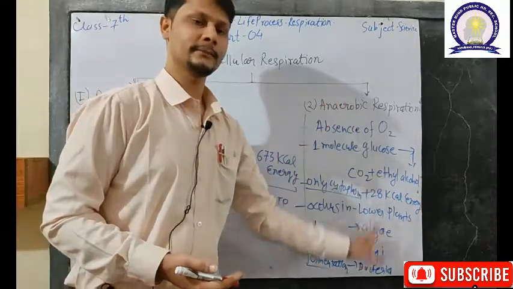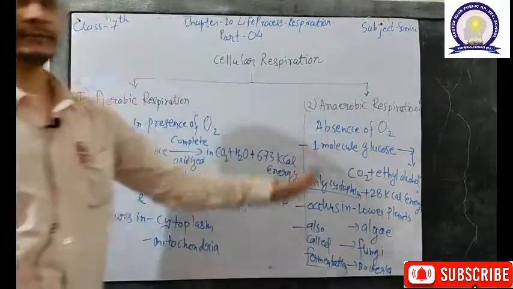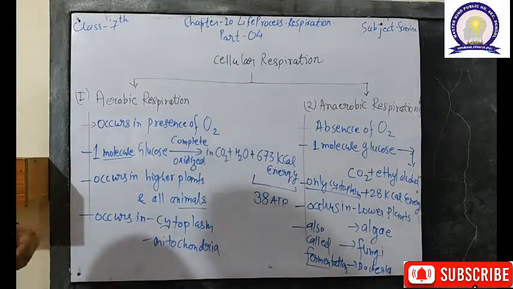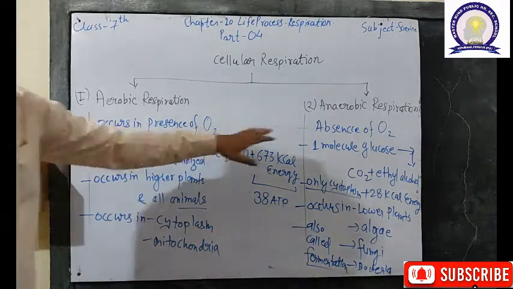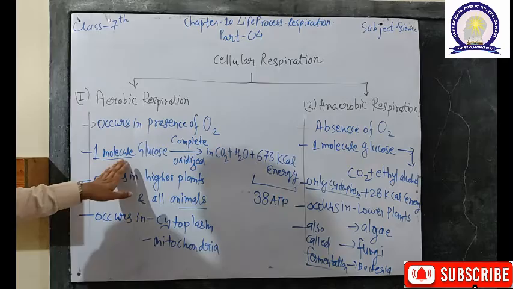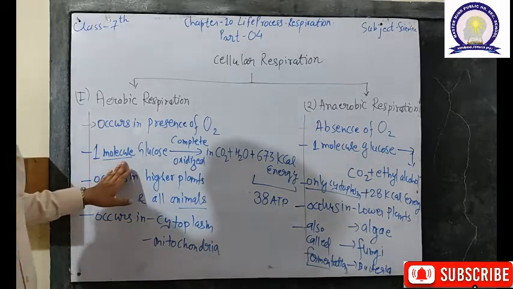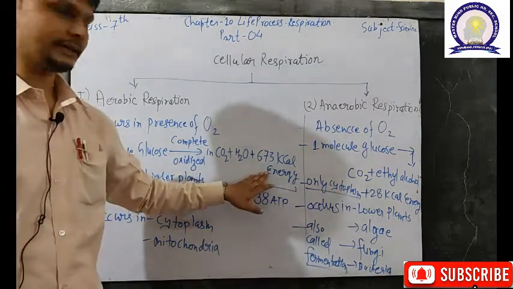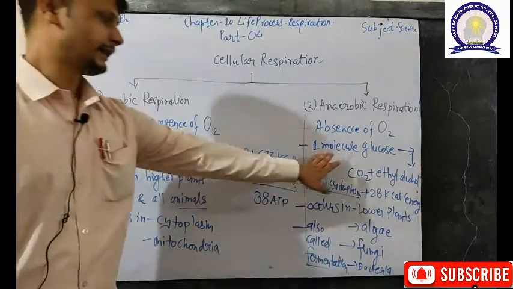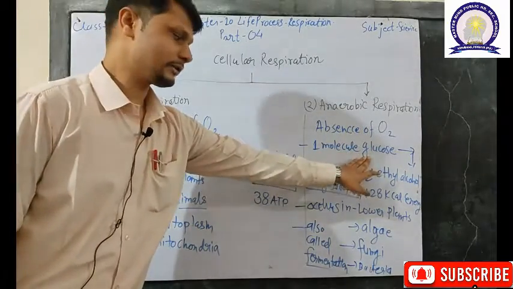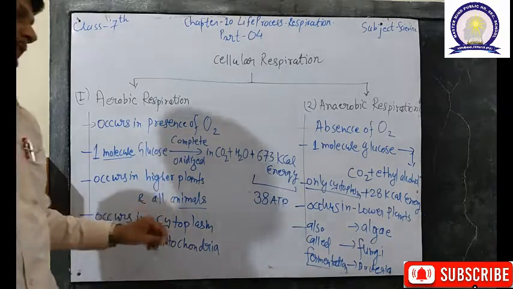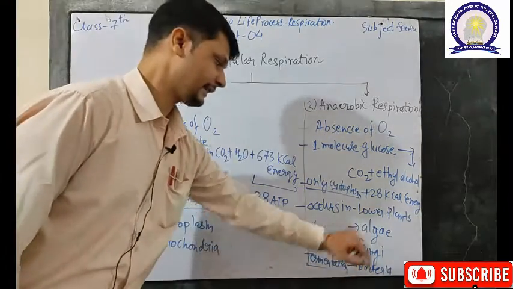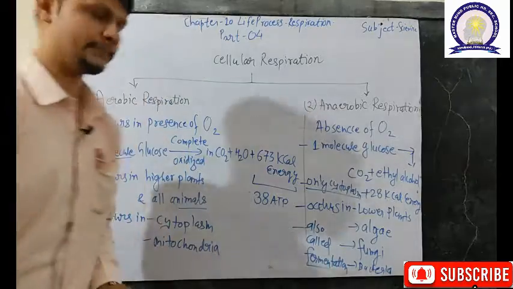So as you can differentiate between these two processes, here the process of aerobic respiration occurs in the presence of O2, and here in the absence of O2. One molecule of glucose is completely oxidized and more energy is produced in aerobic, and in anaerobic one molecule of glucose is incompletely oxidized and less energy is produced. This process occurs in higher plants and animals, and this one in lower plants like algae and other organisms like fungi and bacteria.